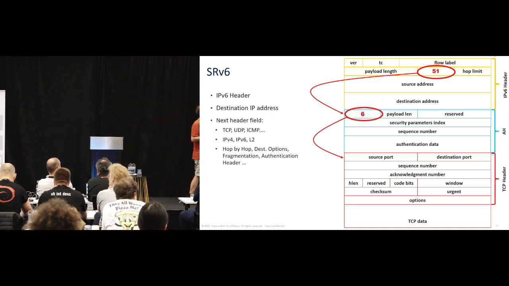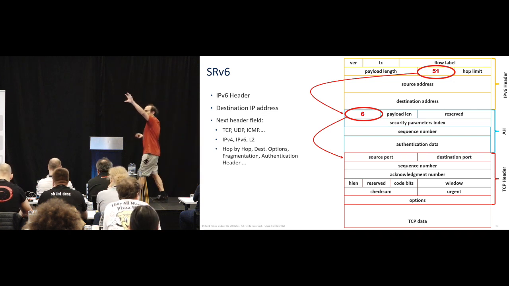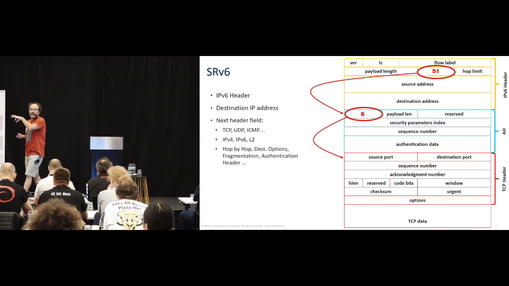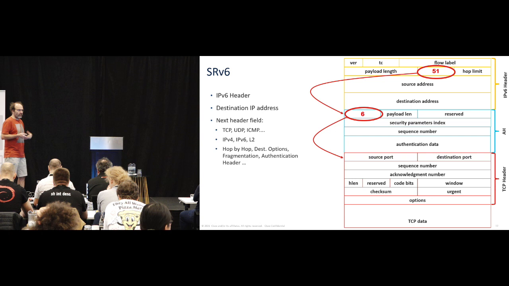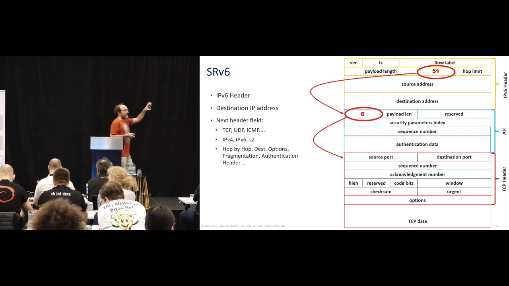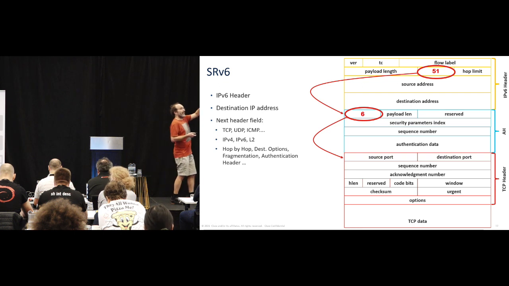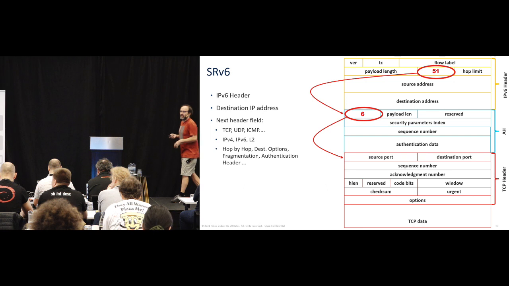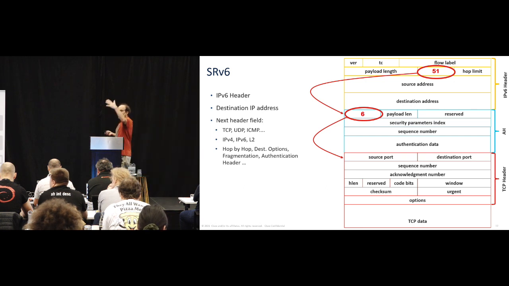IPv6 introduced the concept of header chaining. So you can have the IPv6 header pointing to a next header. In this example, this is the authentication header, which authenticates the whole packet. And in that authentication header, you can have another next header field, pointing to TCP, for example, or again that layer 2 frame, or IPv4.